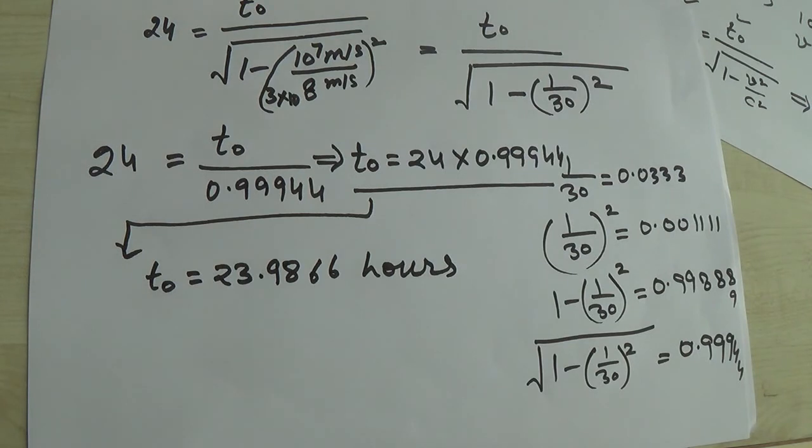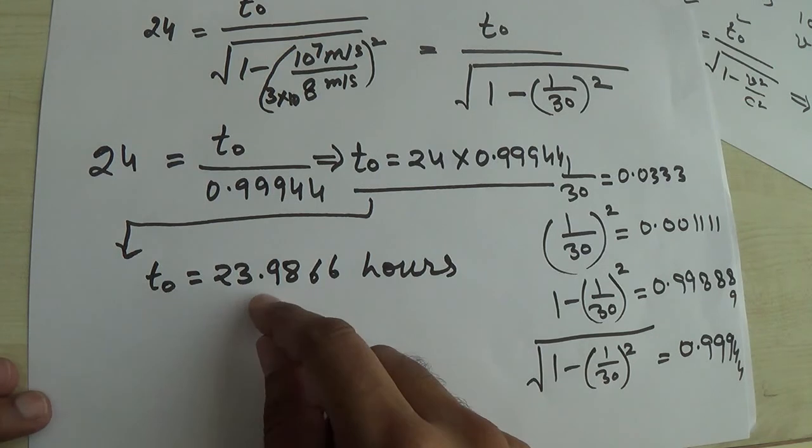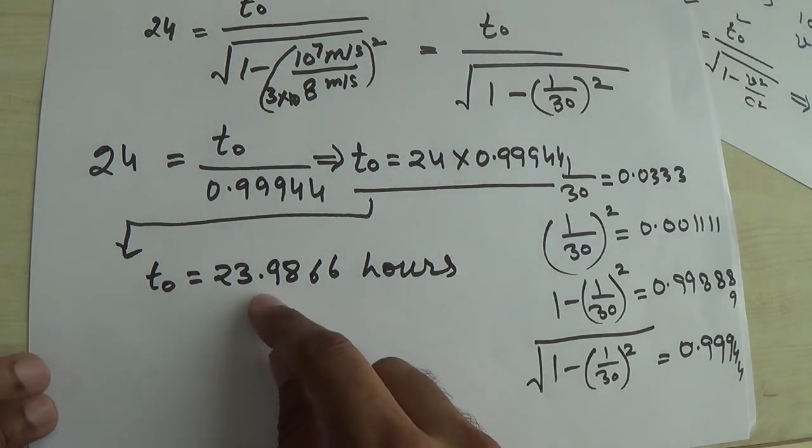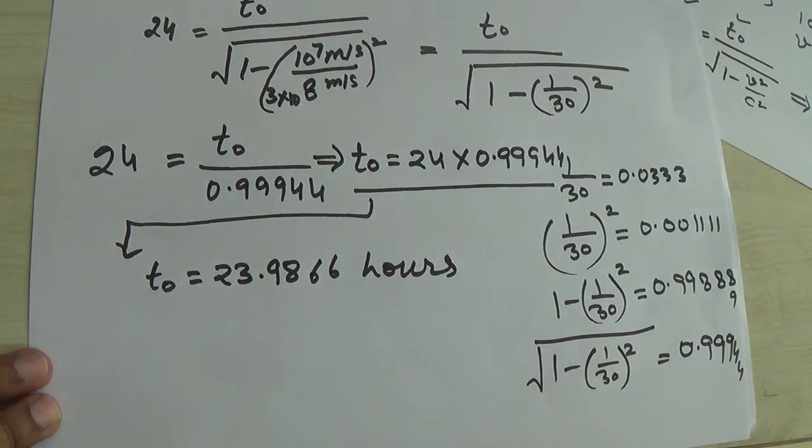So you can also compare the result: T is 24 hours, T is the time. If you want to verify that you have selected T and T naught perfectly or not, you can see here T naught is 23.98 and it appears 24 hours. So 24 hours is larger as compared to 23.98.